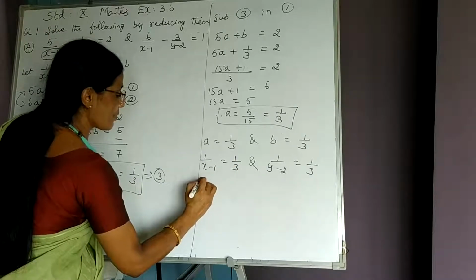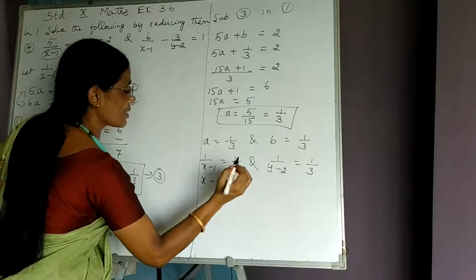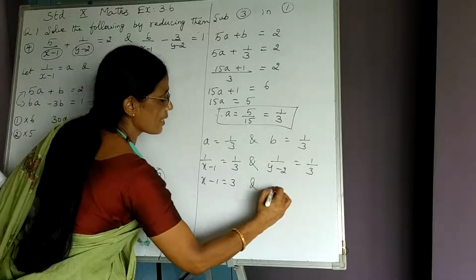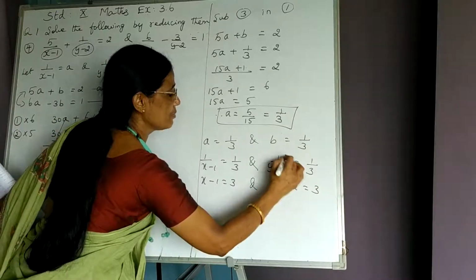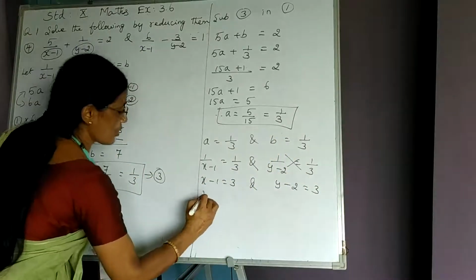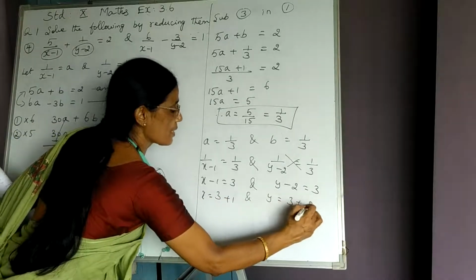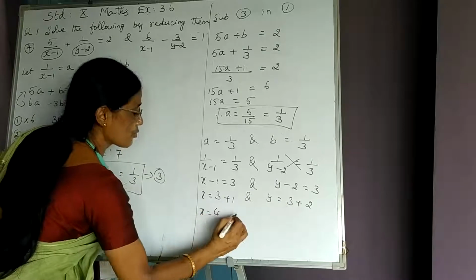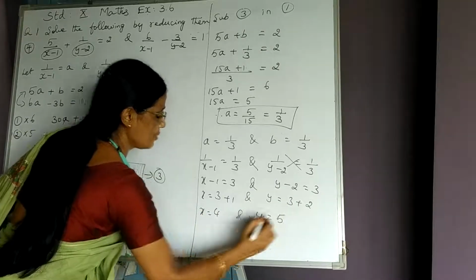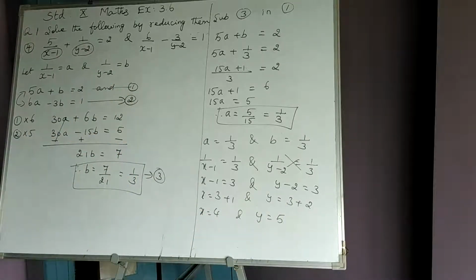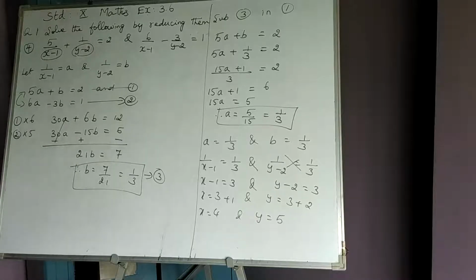Cross multiplying, we get x minus 1 is equal to 3, and here we will get y minus 2 equal to 3. So, x is equal to 3 plus 1 and y is equal to 3 plus 2. So, x equal to 4 and y is equal to 5. Therefore, we got x equal to 4 and y is equal to 5.